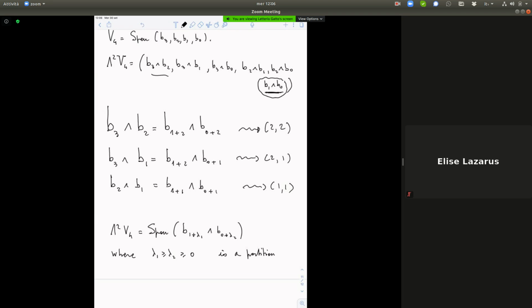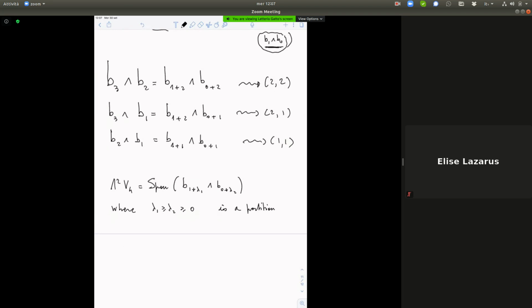Yeah, but this cannot be all the partitions, because if lambda 1 were 3, B1 plus lambda 1 would be before B3. We have not that there.